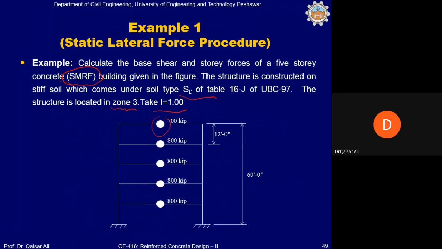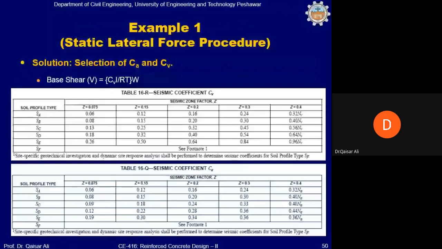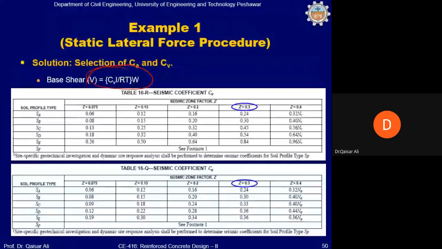So let's start calculating base shear and then set of forces. First of all, we know that this equation is the basic equation. V is equal to Cv I divided by R T W. We will calculate Cv corresponding to zone 3. Zone 3 and soil type is D. So we will pick this value as Cv. Cv required here.